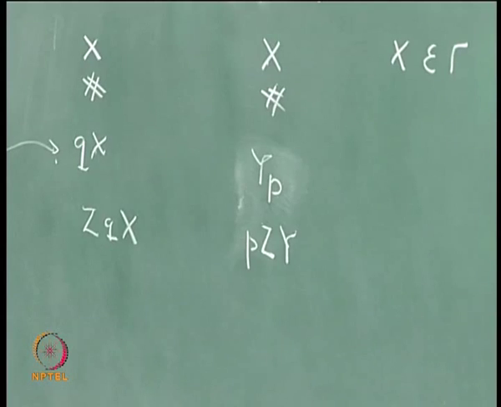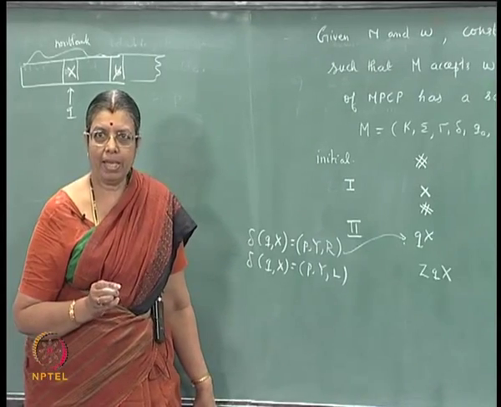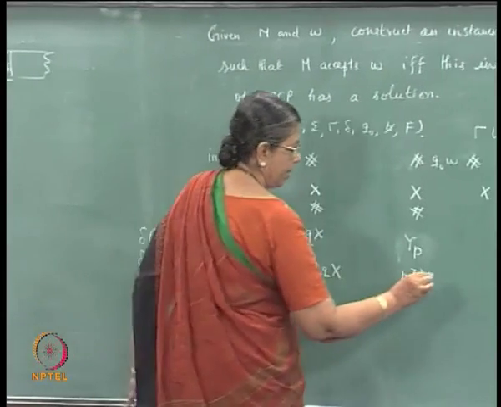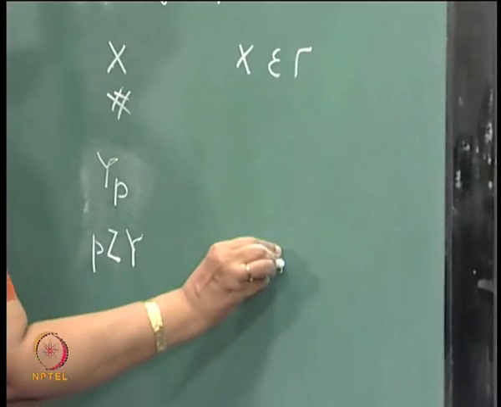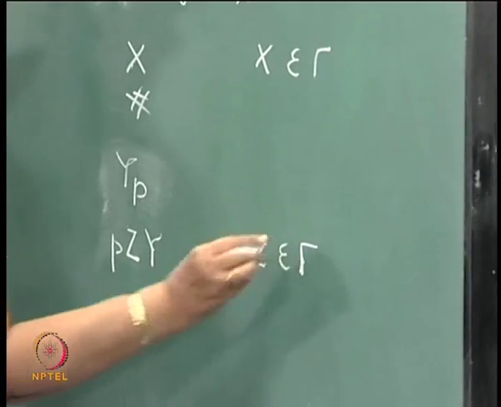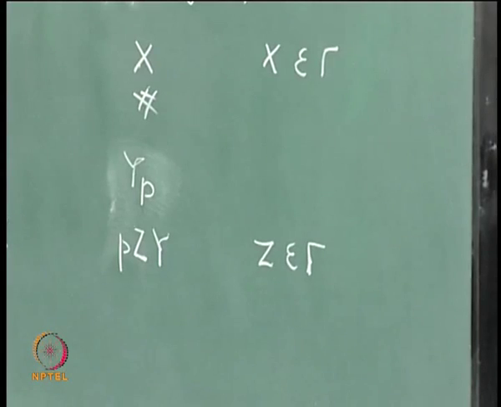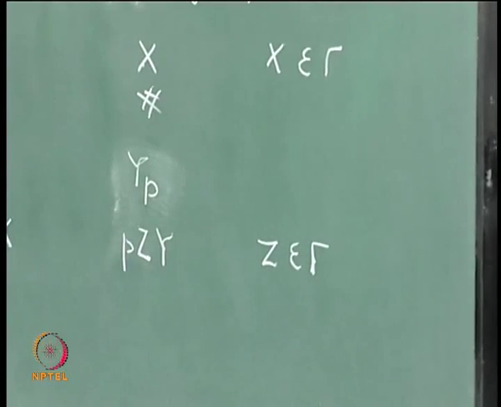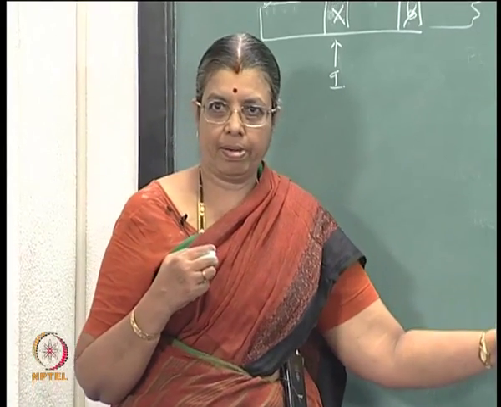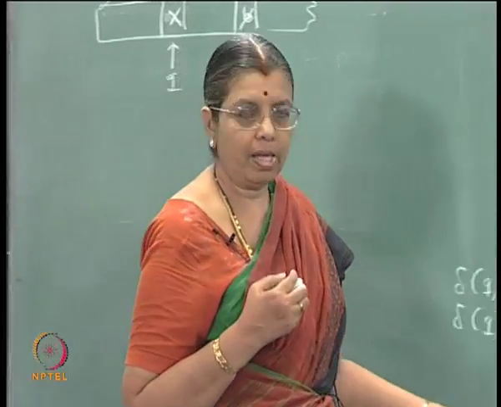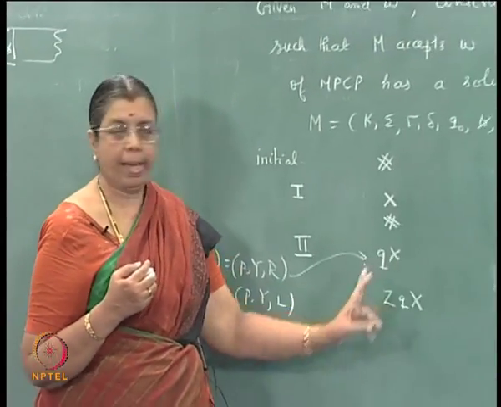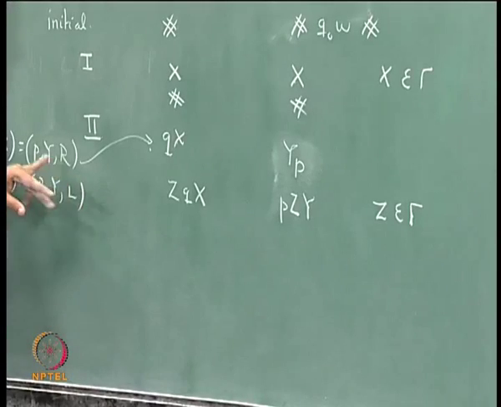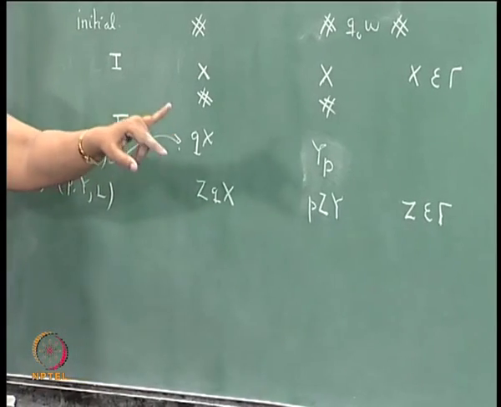Where what is Z? Z can be any symbol. Z belongs to gamma. So, for each symbol Z you will have a pair. Here, for a right move, for one mapping you have only one pair.